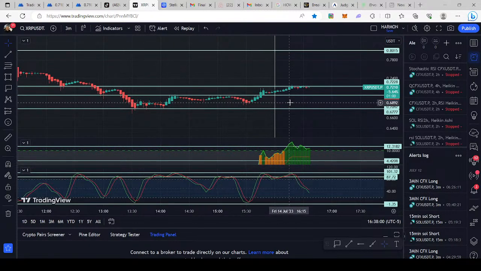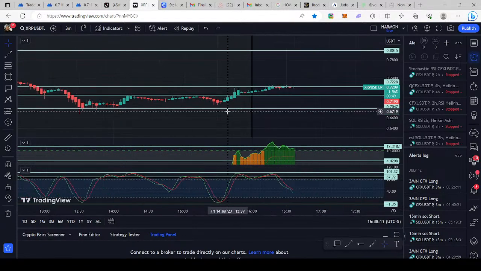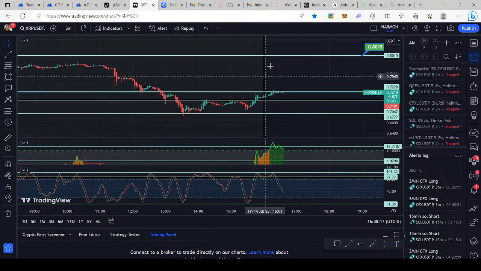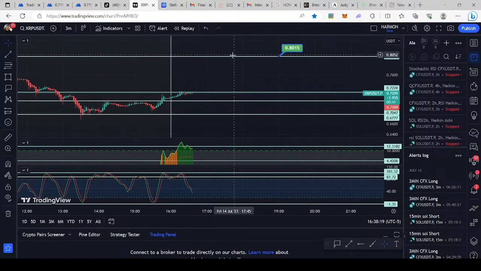The 3 minute is about to hit its come back down, so the next buy zone here would probably be about 71.30, in the 70 zone. So now you're in the next little buy zone for your long, cost averaging in here. The target is 80 cents.